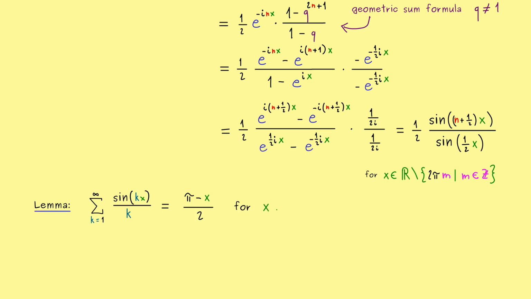However, this only holds for the open interval 0 to 2 pi, which is not so surprising because for x equal to 0, we have the 0 series here, which is obviously not convergent to pi over 2. However, all the other x values give us a nice convergent series.